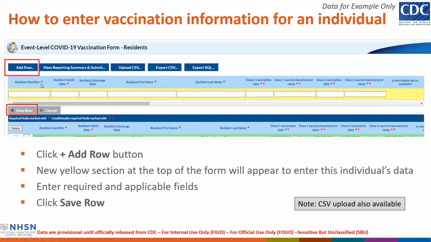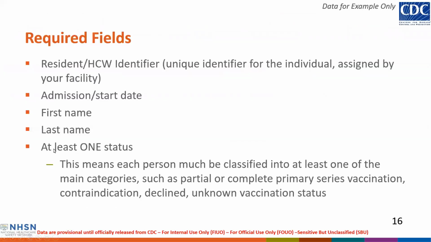And so this includes the resident identifier, the resident admission date, the first name, last name, and then in addition to those fields, you need to have at least one vaccination status entered, which means that every individual must be classified into at least one of the main categories of either partial vaccination or complete primary series or medical contraindication or declined or unknown vaccination status. Without having one of those entered on the person's row, you won't be able to save their information.